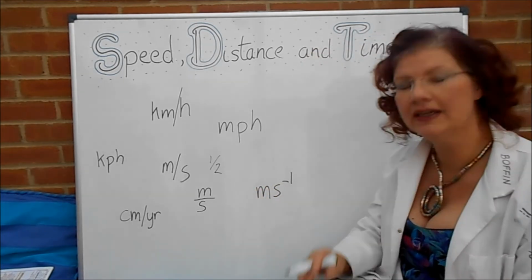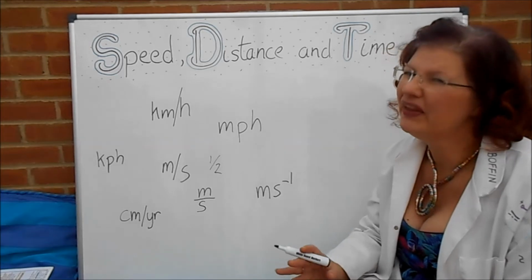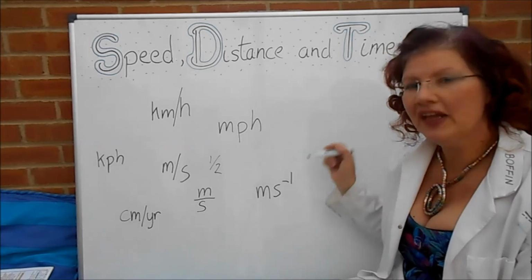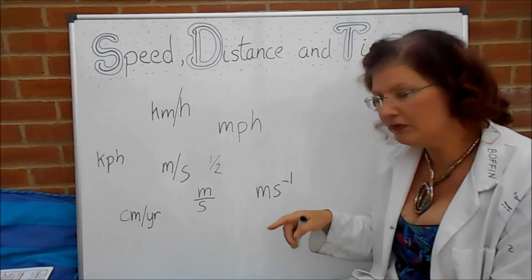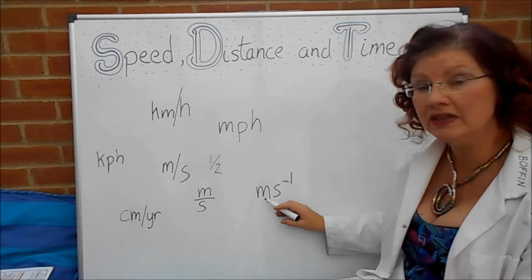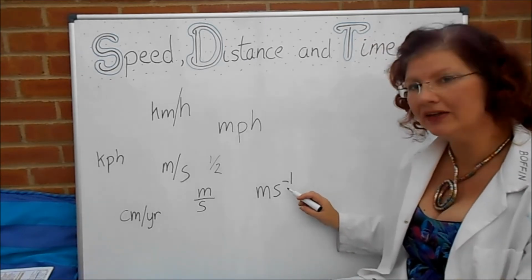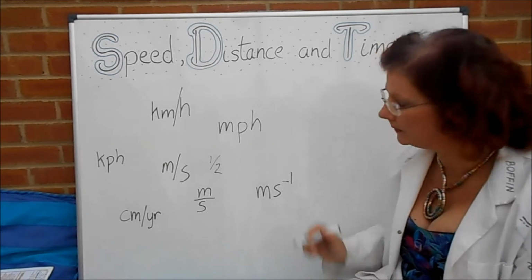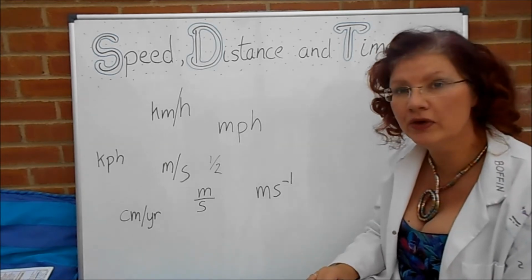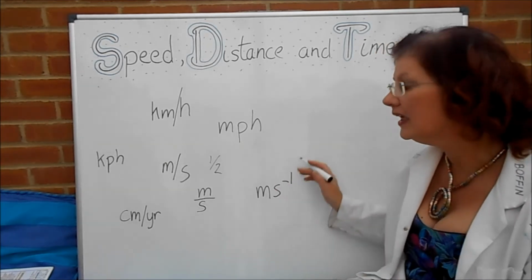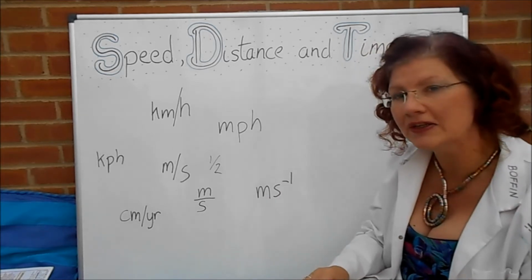And a power of -1 is simply a kind of mathsy way of writing seconds is on the bottom of the fraction. So that's metres, normal metres, and then that's per seconds, seconds on the bottom of a fraction. So if you ever see something with a -1 up there, don't panic about it, it's nothing weird, it just means it's on the bottom of the fraction.